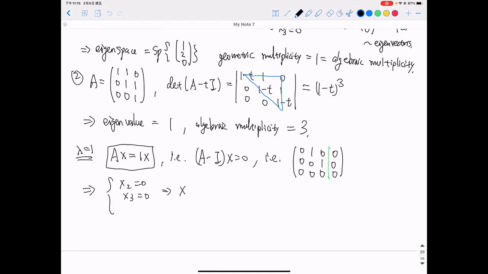So the vector x is just x1, 0, 0. So it's x1 times the vector 1, 0, 0. These are all the eigenvectors.